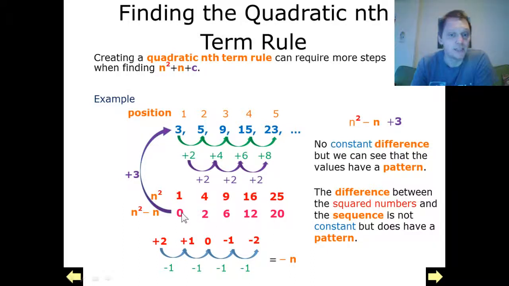As you can see, to get from 0 to 3, I add 3. From 2 to 5, I add 3. And it's the same for the rest. I found a constant difference, in which case, because I'm adding 3 each time from my newly created sequence to get to my original sequence, I'm just putting add 3 onto the end. So my nth term rule for this will be n squared minus n plus 3.